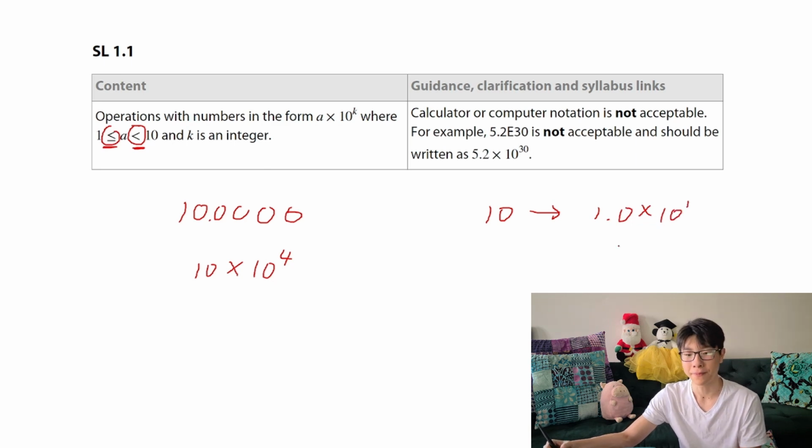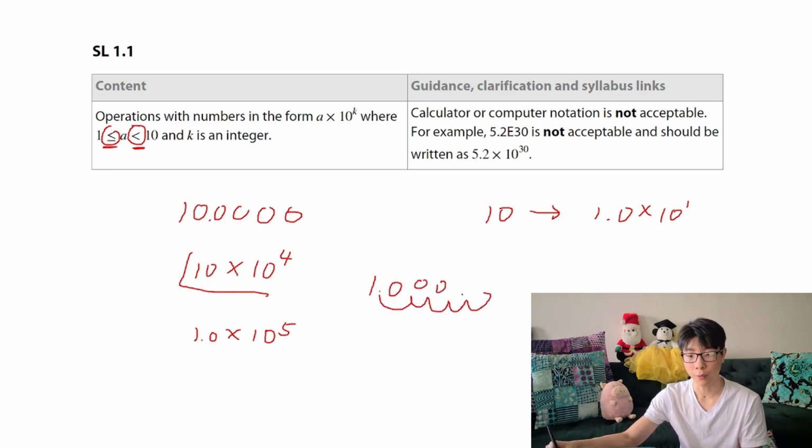Therefore, we can simplify this further into 1.0 times 10 to the power of 5, right? Now if we think about it this way, 1.0, 5, so we go 1, 2, 3, 4, 5, there will be 5 zeros afterwards, just like what we began with.